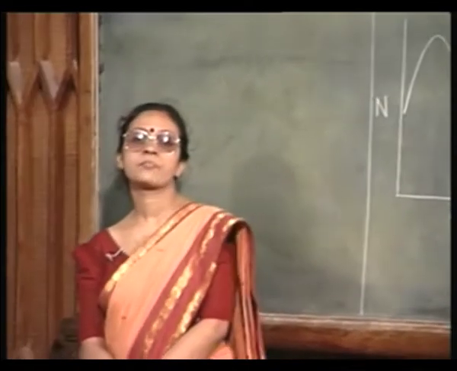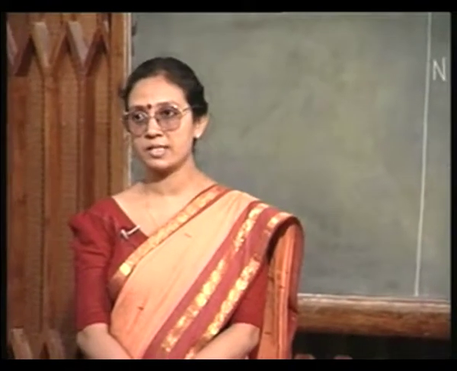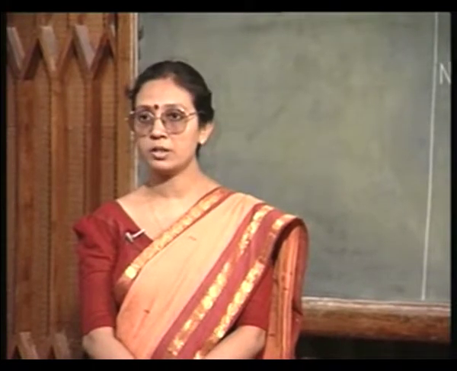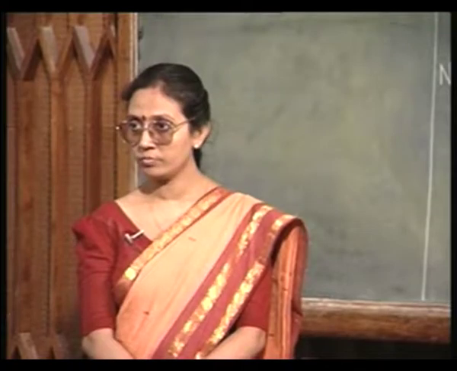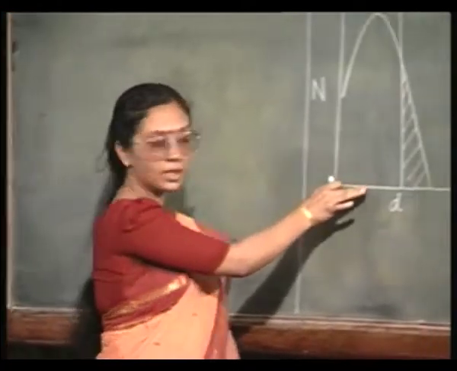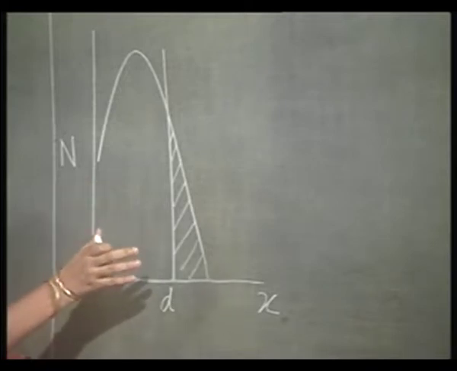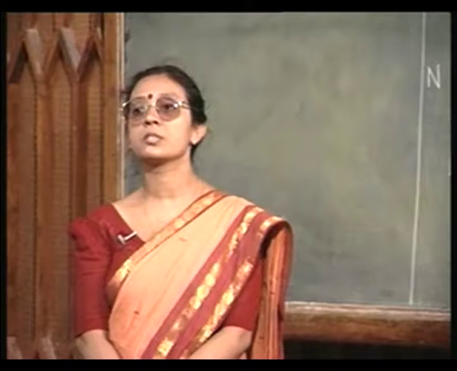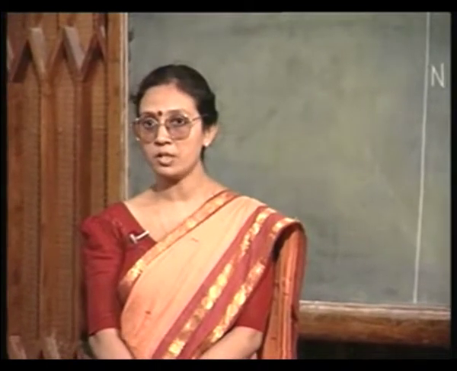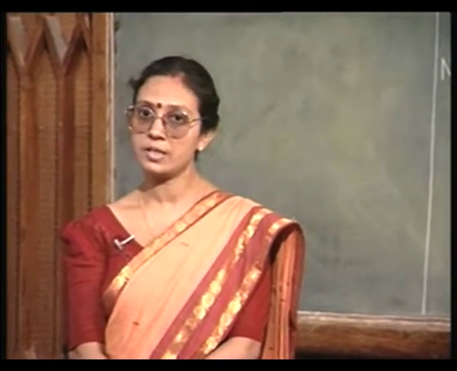In other words, this is quite obvious that the masking efficiency will depend on the thickness of the masking material you have put. If D is smaller, then more impurity will be put in silicon. If D is larger, less impurity will be put in silicon. Okay. And since we want those regions not to have any impurity, we will say that the masking efficiency is large when D is large.